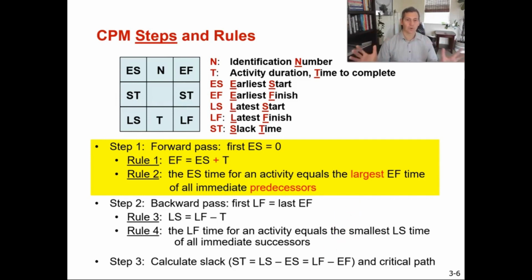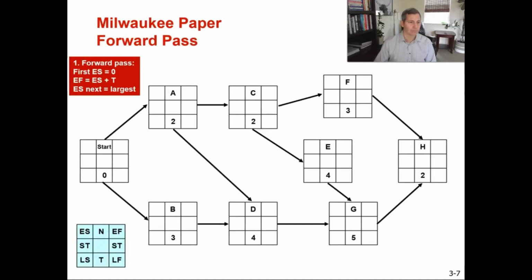So high level for forward pass, we're adding things up. We're using the largest early finish number. We look at all the immediate predecessors and we're going forward through this network diagram together. All right, so let's start with the start. So our first rule is that our first ES equals 0.